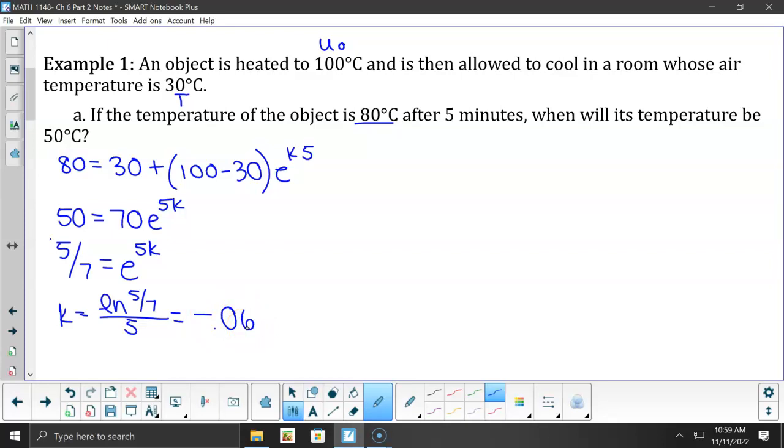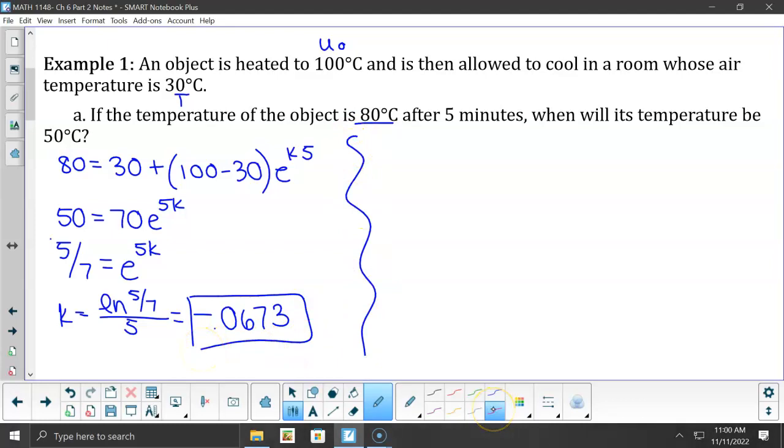What comes after that 6? So we'll go 7.3. All right, so I'm half done with this problem, because they really want to know when is that temperature going to get down to 50 degrees Celsius. All right, so 50.